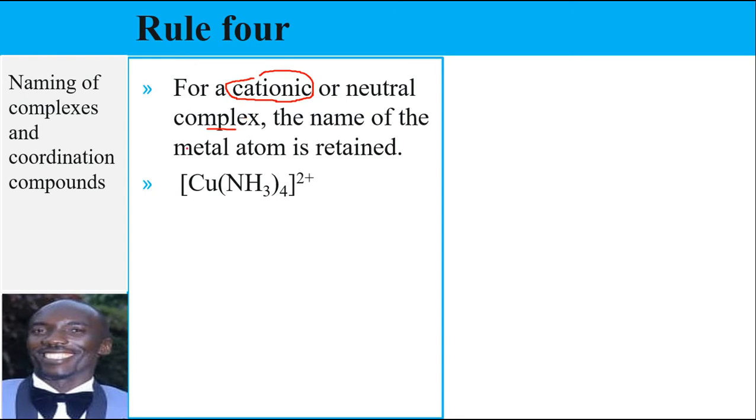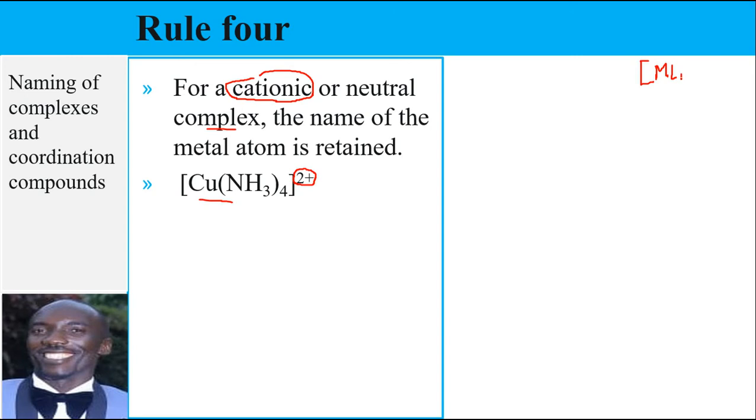For example, if we have copper, if we have this kind of complex, this complex is cationic because the overall charge is positive. Remember, we had a general formula for these complexes. If I may repeat it, we looked at this in our first lesson.